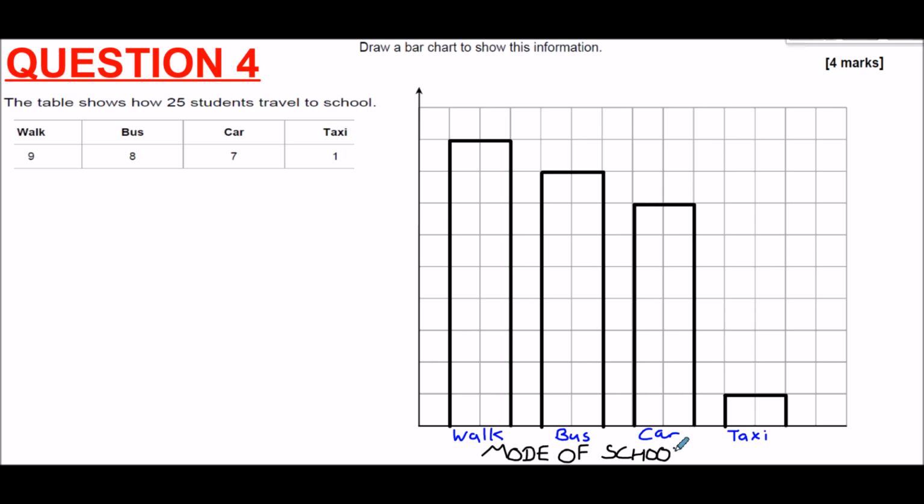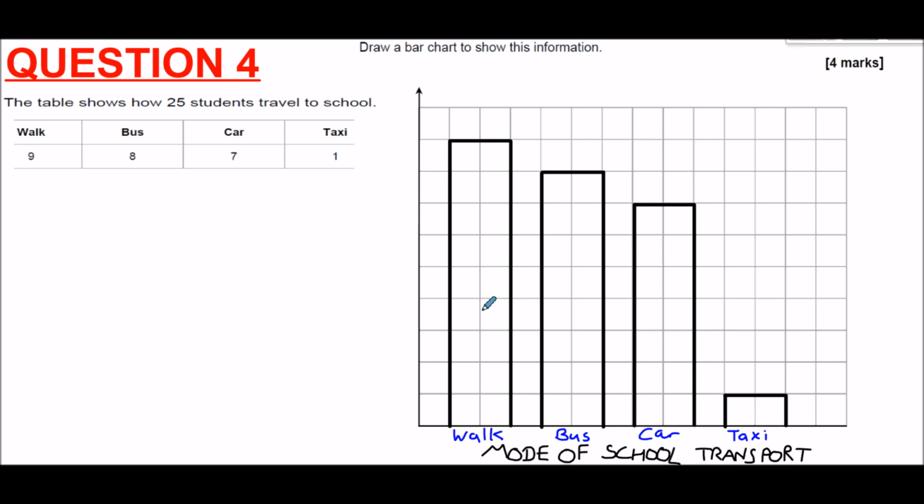So you need to label it something along these lines so that the graph makes more sense to somebody that's looking at it without you having to explain everything. So walk, bus, car and taxi are types of transport.